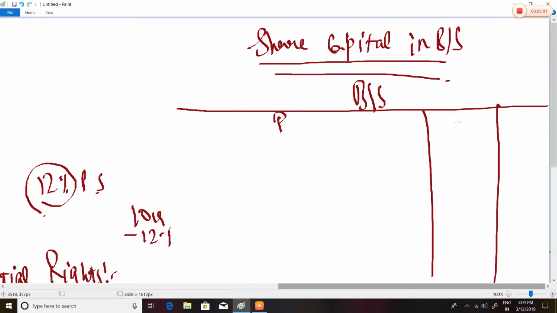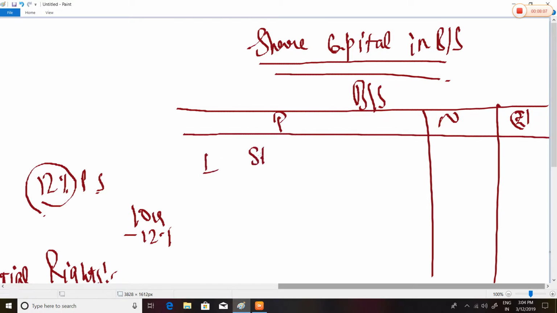Here are particulars, notes to accounts and rupees. Firstly, shareholders' funds under equity and liabilities. Here the first thing that comes is share capital. It will go to note number one.